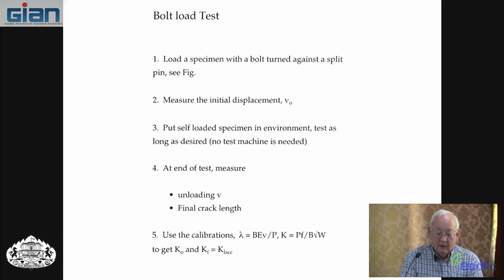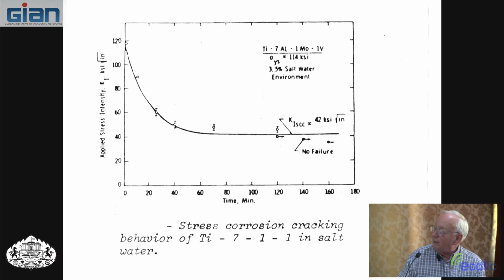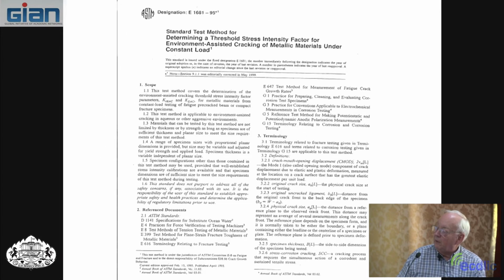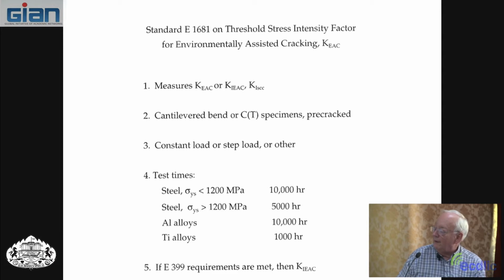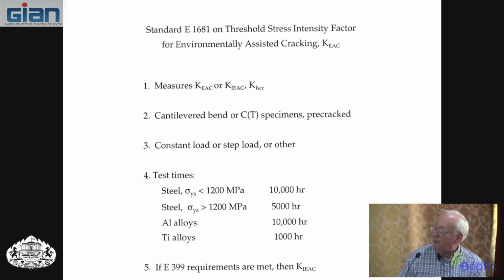Now, the thing I just showed you came up to be important in doing the test, but never made it into the standard yet. If you use this apparatus, that's fine. That doesn't do any harm to any equipment because it's just sitting on its own. But most of the compact specimens would have to go in a test machine, and if you put it in a test machine and wait 10,000 hours, that's a long test.